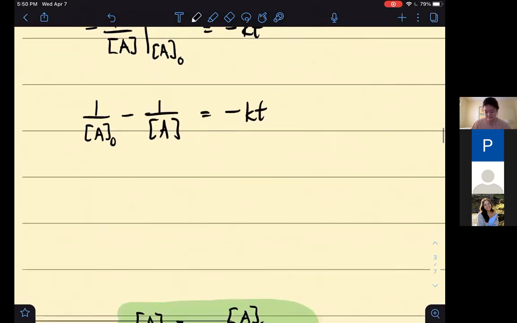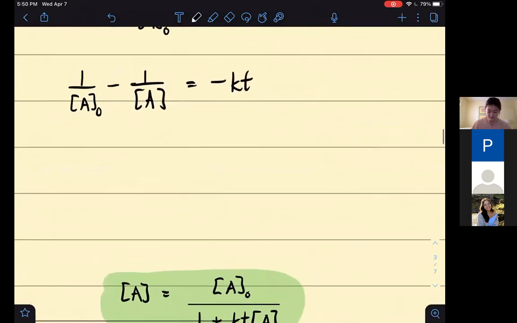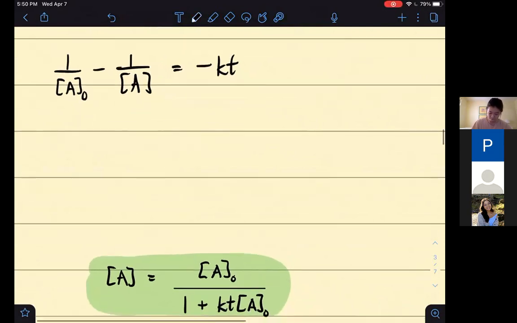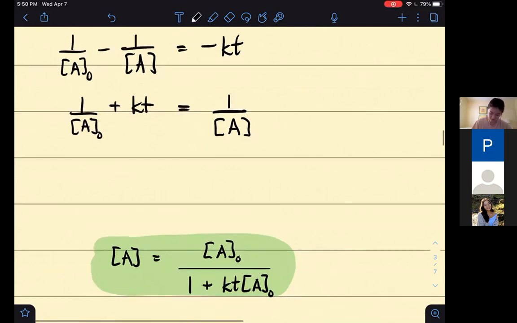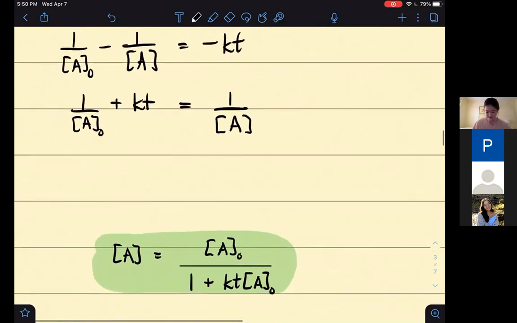And then to get the actual concentration, we should isolate it. So first just move this over. So 1 over A is kt plus 1 over A0, the initial. Yes, that seems correct.